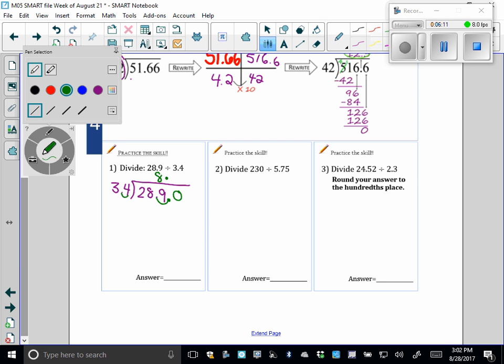So if I do some scratch work off to the side here, 4 times 8 is 32. 3 times 8 is 24, plus 3 is 27, so I'm going to subtract, and when I do that, I get a 7 and a 1, so I have to bring down the 0.